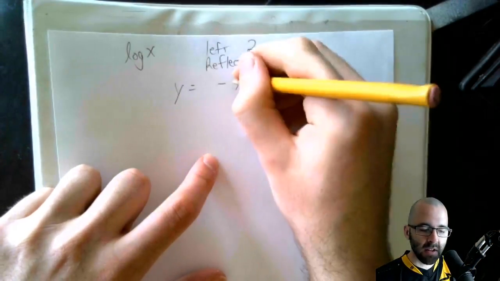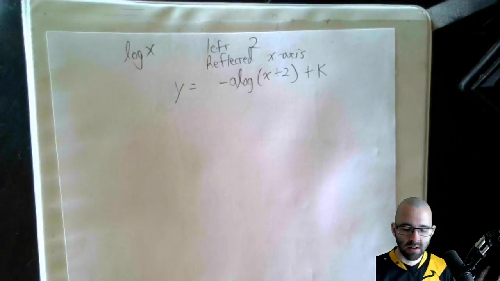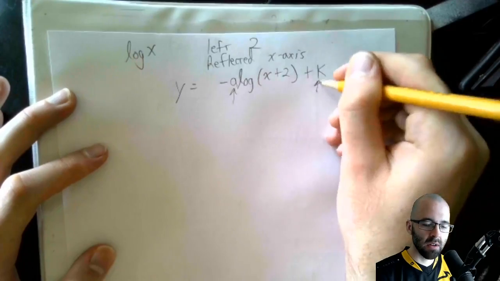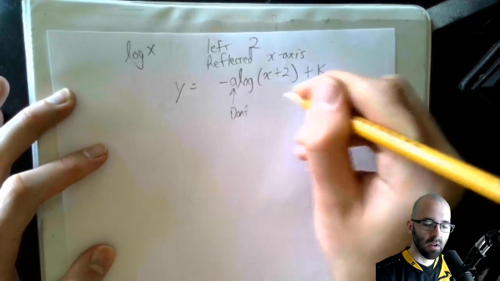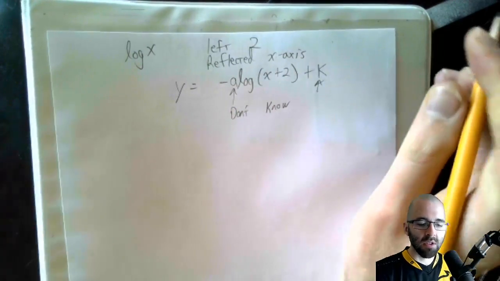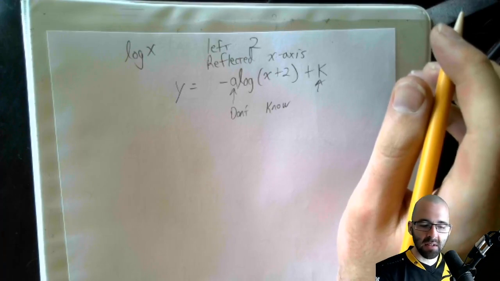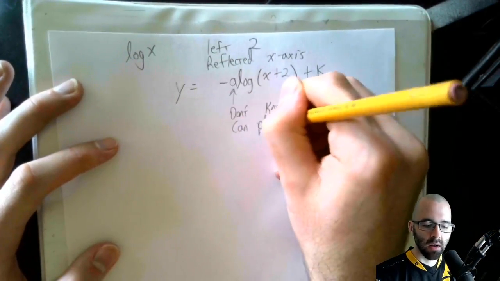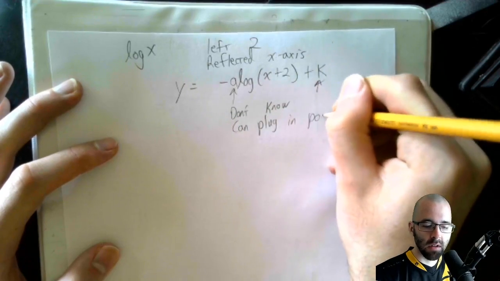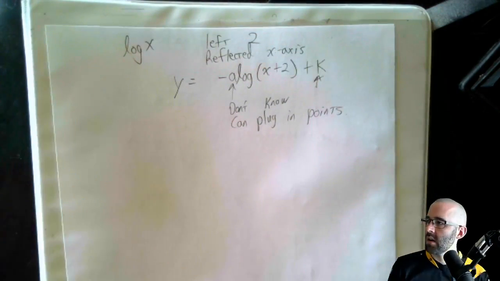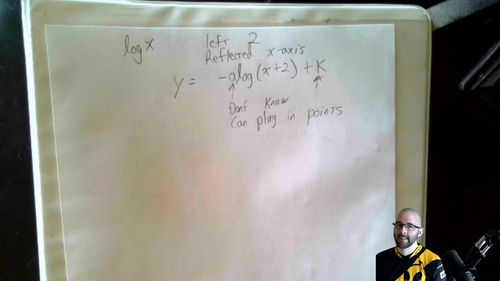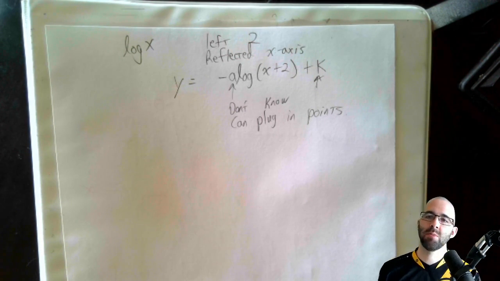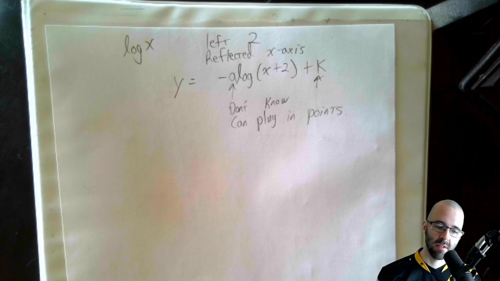We don't know stretching, so maybe there's an a here. These are the things that we don't know. So the thing is, we can plug in points to try to find them. And this is hard. This is going to be the hardest problem in the whole section, for sure, for most people.